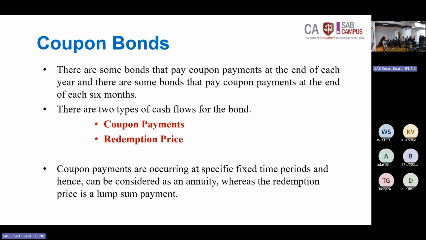As the name implies, these bonds are issued for a number of years with a maturity price as well as future payments. Therefore, coupon bonds have two types of cash flows: coupon payments during the maturity period, plus the redemption price at the end of the maturity period.